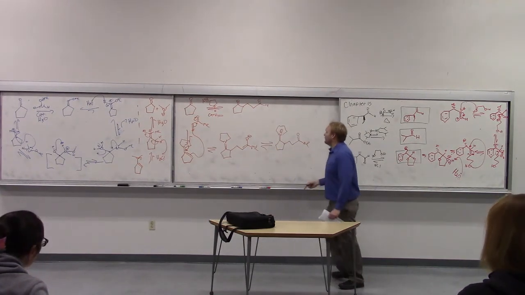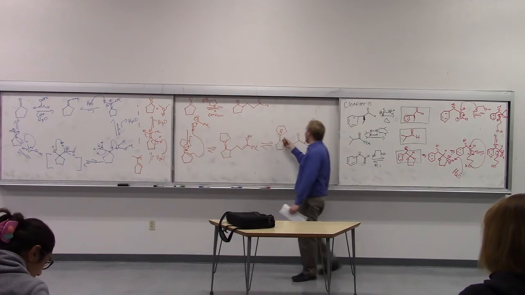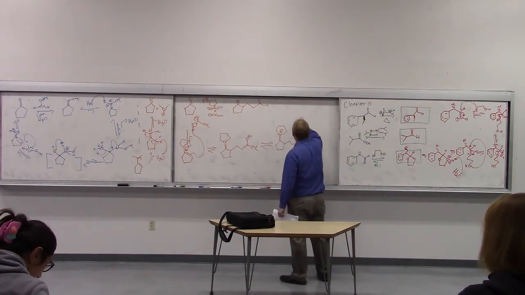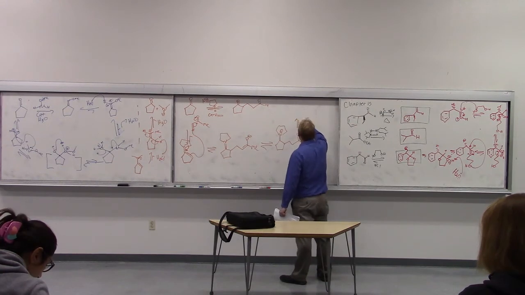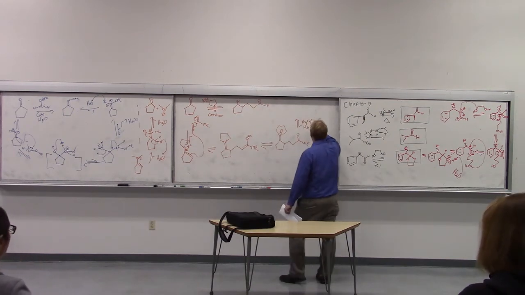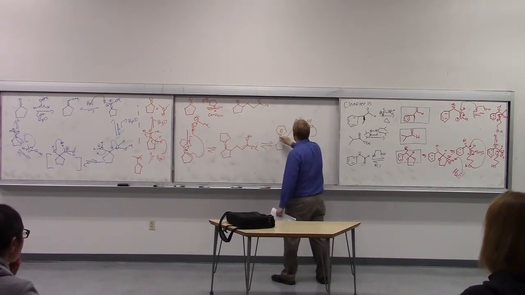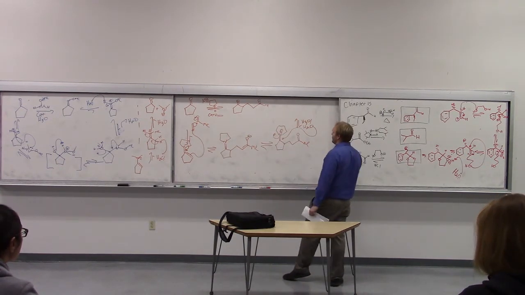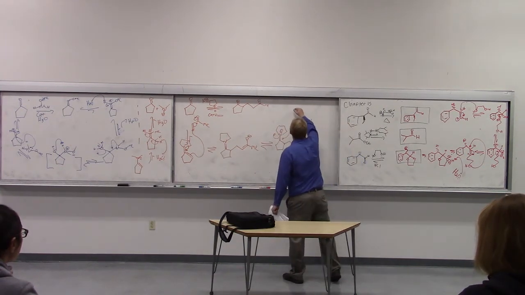But now, from this enamine doing the attack, it gives us an iminium. And then iminiums, under catalytic H3O conditions, meaning there's also some water around, can then be hydrolyzed back to the carbonyl, initially by attack of the water on the iminium.